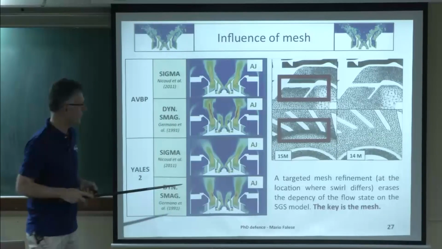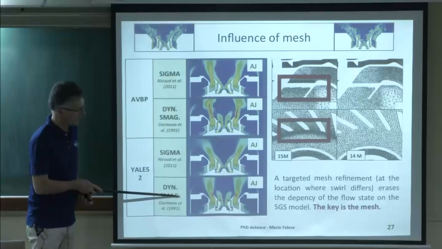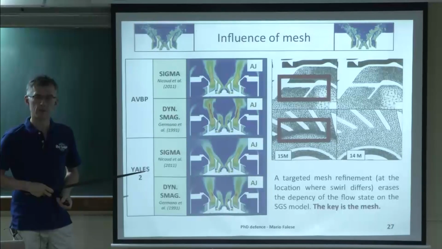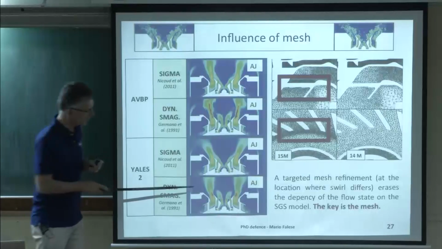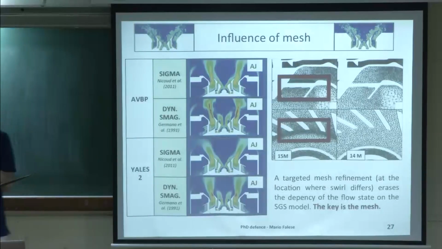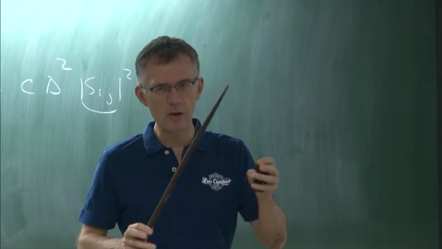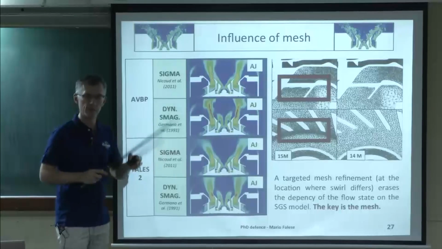And when we do that, suddenly, independently now of the subgrid scale model, you get the same results. Which is really telling you that, of course, there is an effect of the subgrid scale model, but this effect appears only if the mesh is not right. If the mesh is right, then most models will do a good job. But as soon as the mesh is not right, you go into problems.